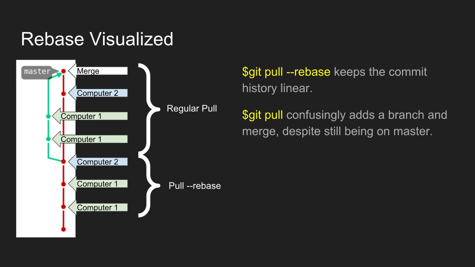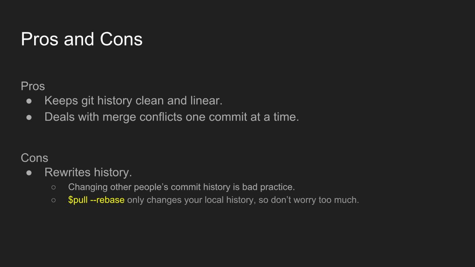It's very handy. It keeps things looking pretty. It keeps all kinds of crazy and unnecessary merges out of your commit history. The person who wrote the slide is very biased. They use git pull rebase a lot. I do not. So, right, it keeps things very pretty.